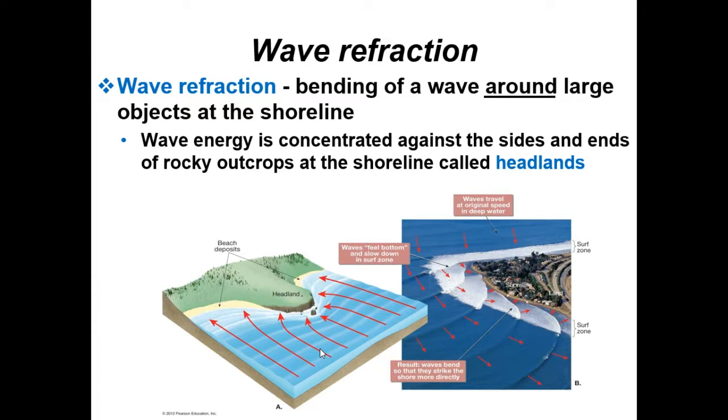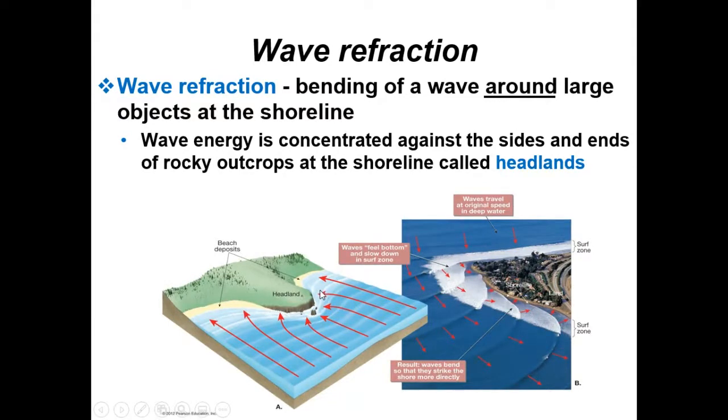But there is one thing that does tend to happen no matter what the topography is, and that is wave refraction. For some reason, waves tend to come in towards headlands because of the way erosion has occurred in front of the headland itself. The waves will often refract directly towards those headlands and then attack those headlands straight on, which is what you're seeing with these red arrows.